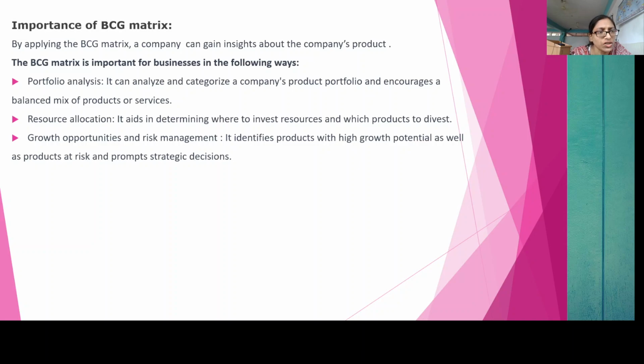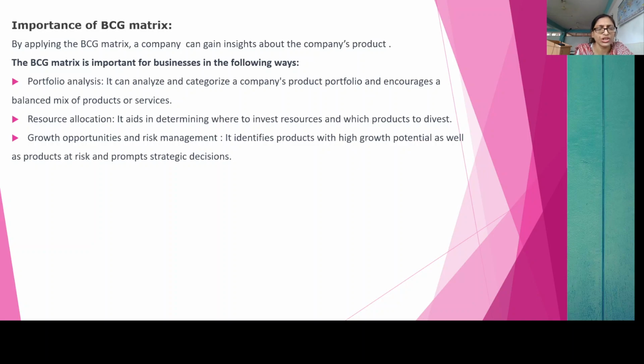Importance of the BCG matrix. By applying the BCG matrix, a company can gain insights about the company's products.